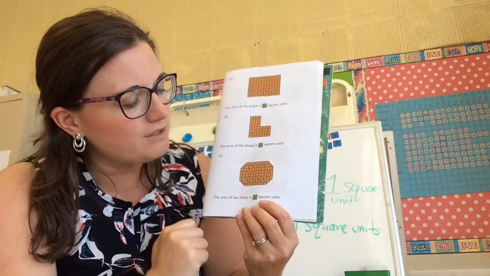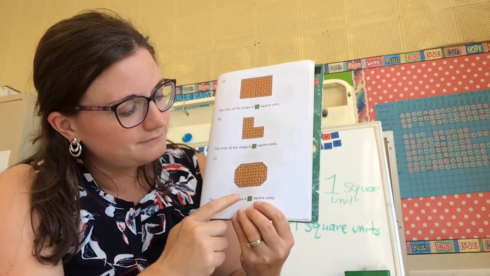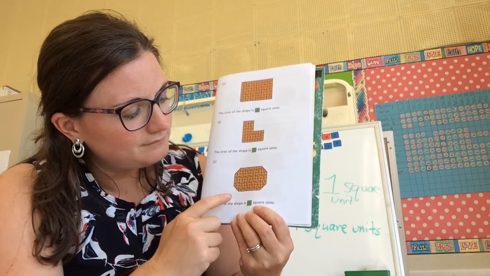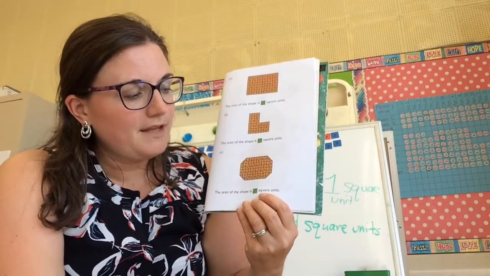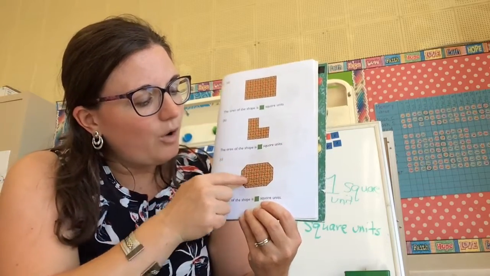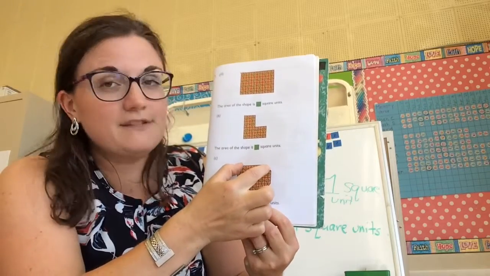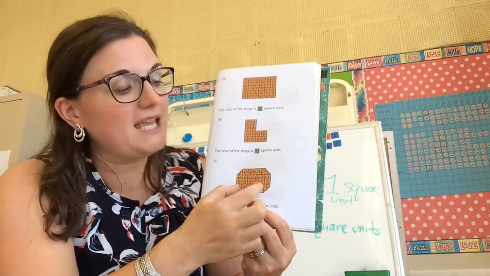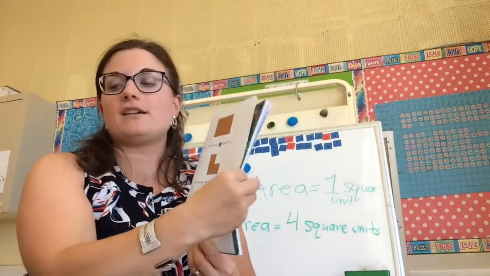So let's see if you can find the area for this one. So when I count all the whole ones, I have 20. Well, these 2 halves will make 21, and these 2 halves together will make 22. So the area is 22 square units.